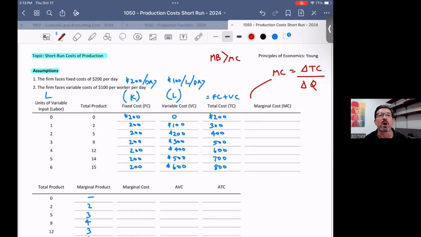We're going to keep on selling pizzas for as long as the marginal benefit is greater than the marginal cost. Now, to be technical, in business, the marginal benefit is really the marginal revenue. How much extra revenue does each extra pizza bring in? We're going to compare that to the marginal cost.